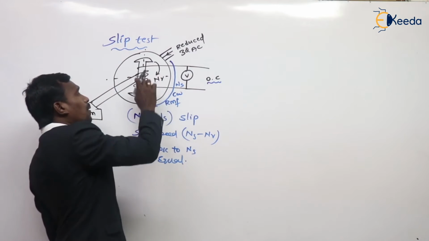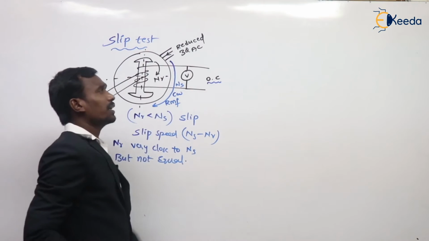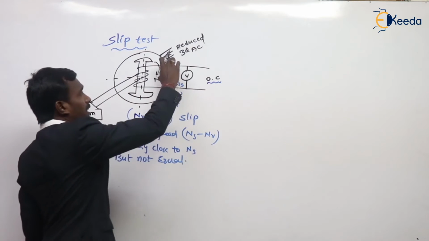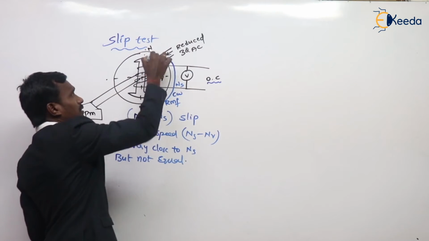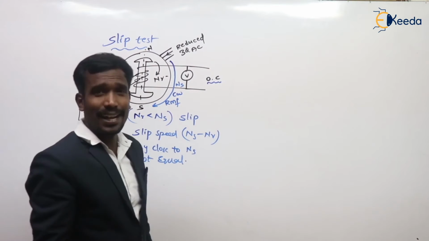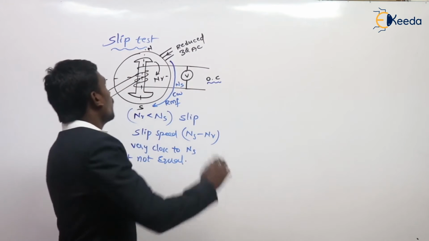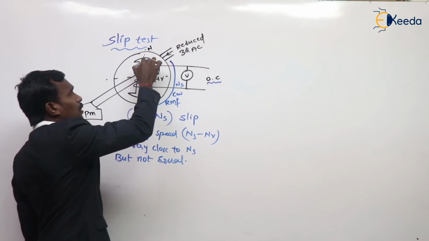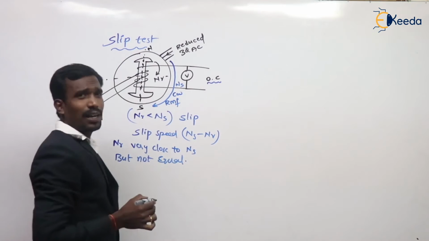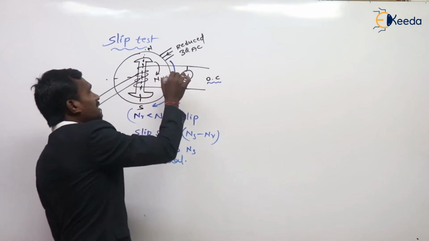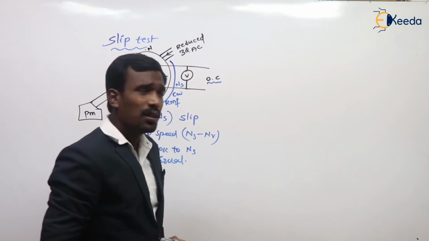Actually there are no poles in our rotor because it is open circuited. But the stator poles are there, north pole and south pole, which rotate at synchronous speed. When this north pole south pole axis coincides with the rotor, that is taken as the D axis. Then the other is taken as the Q axis.